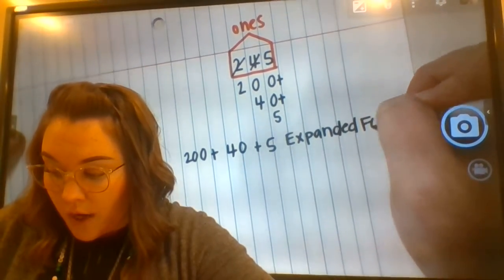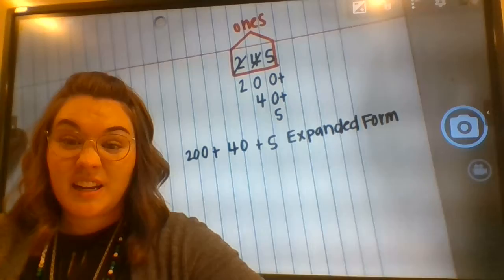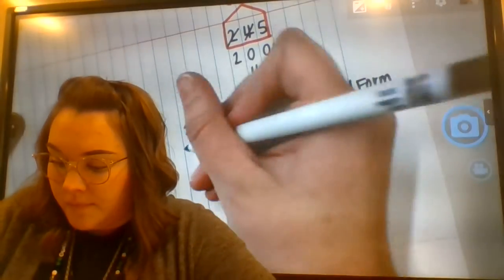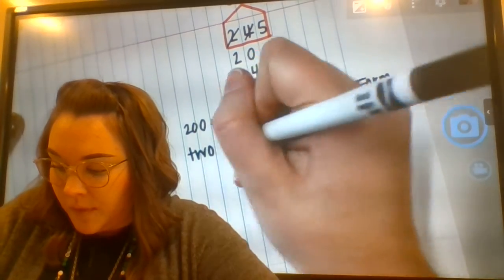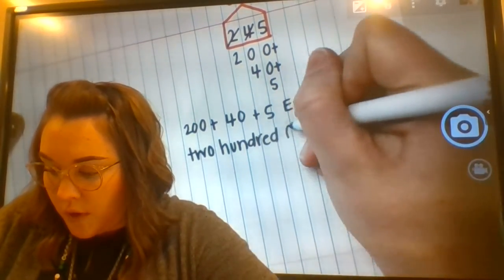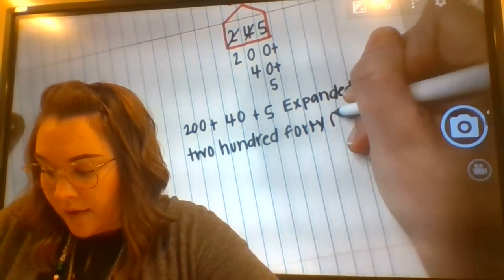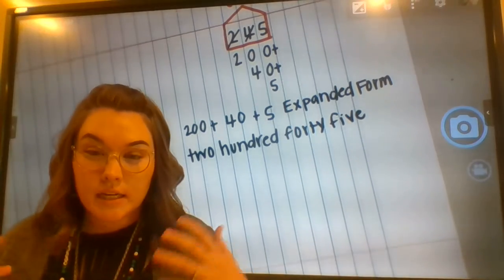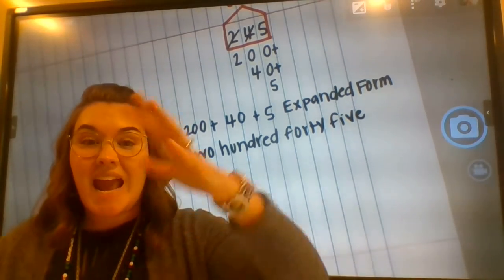And then word form is when I write it out in words, just like I would say it. So, 245. When I hear you guys reading words or reading numbers, I hear a lot of you saying "and."